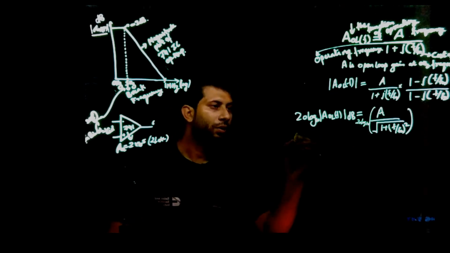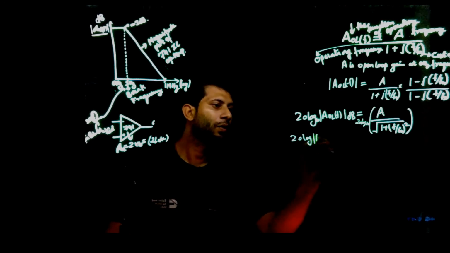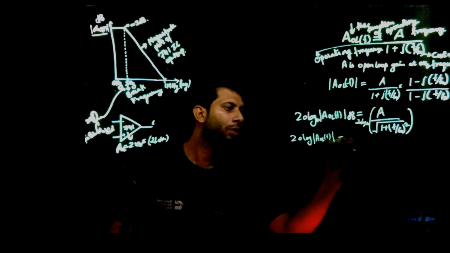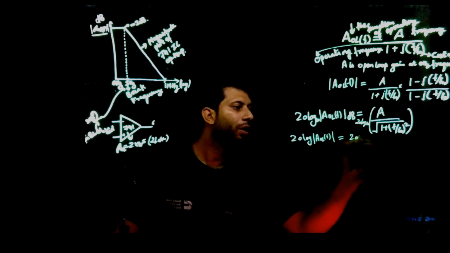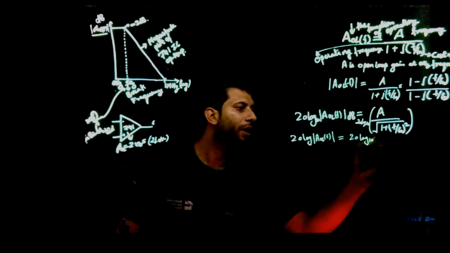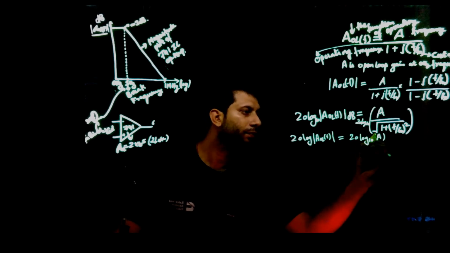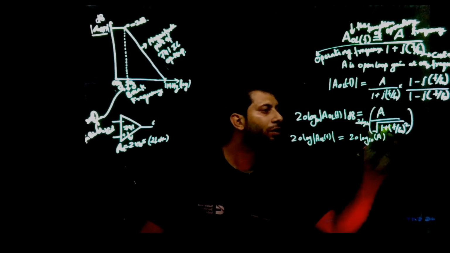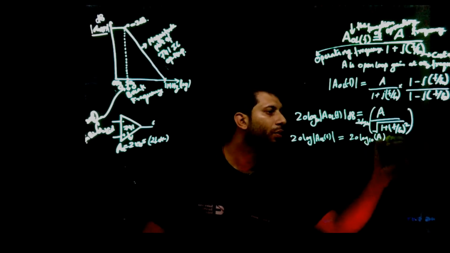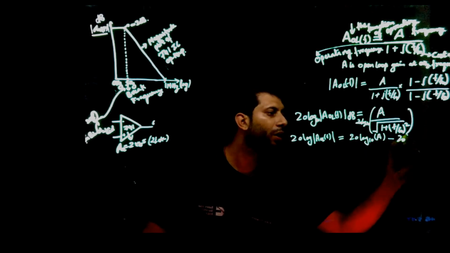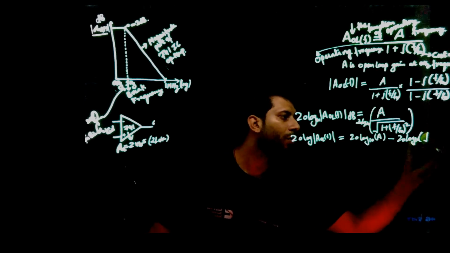Now we rearrange it. It equals 20 log base 10 A, and the log of 1 upon under root will become minus 20 log base 10 under root 1 plus (f upon f naught) whole square.